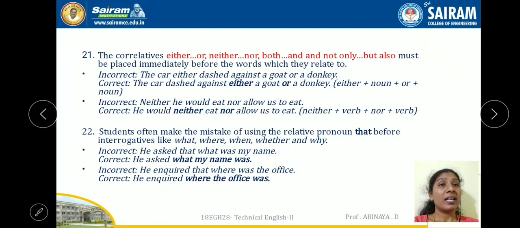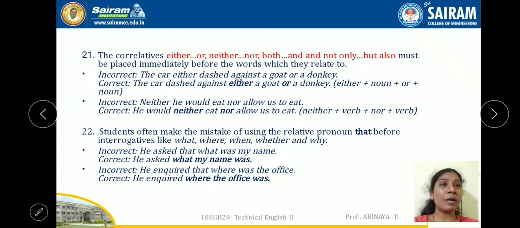Next statement. Neither he would eat nor allows us to eat. Neither he nor eat allow. Actually, it has to go with either eat nor allow us to eat. So, the right sense is he would neither eat nor allow us to eat. If you use either and neither, go for either plus noun, or plus noun, or else either plus verb, or plus verb.